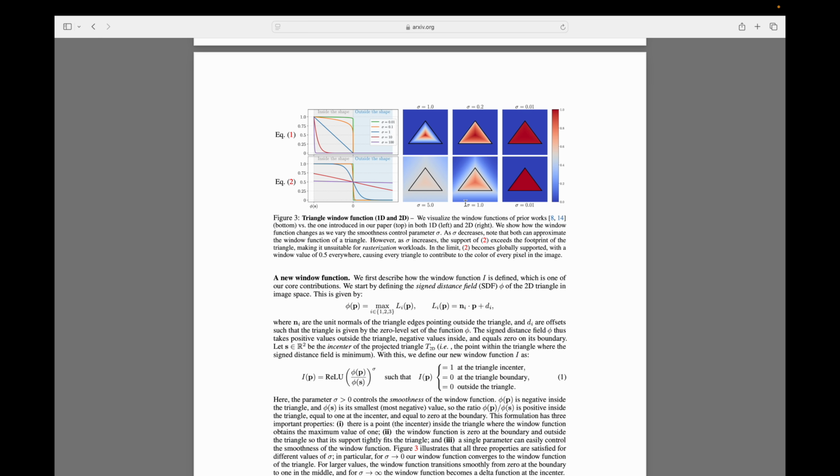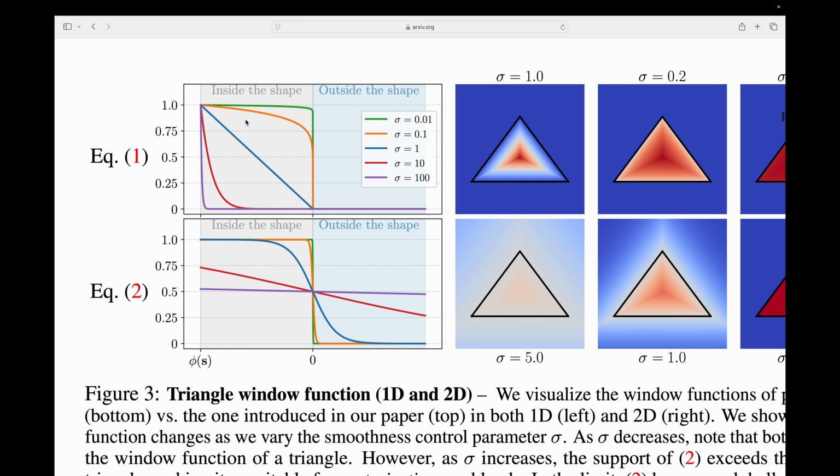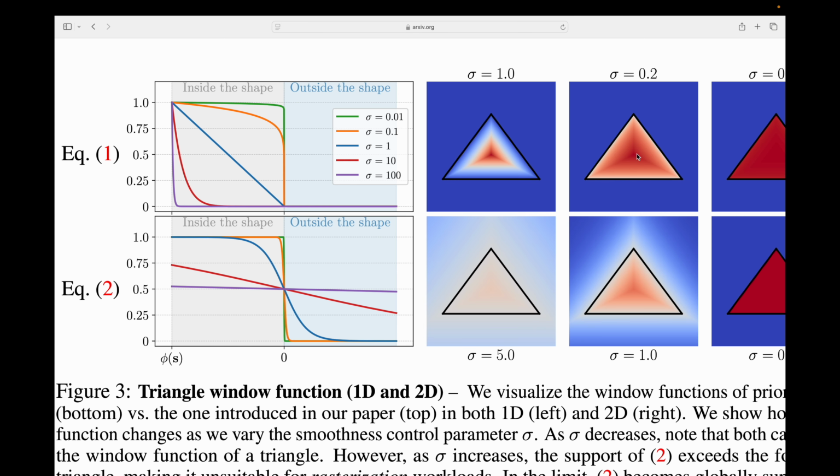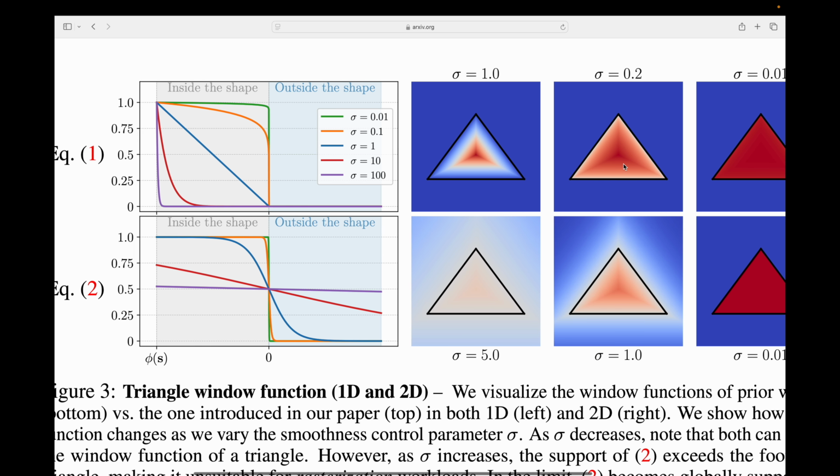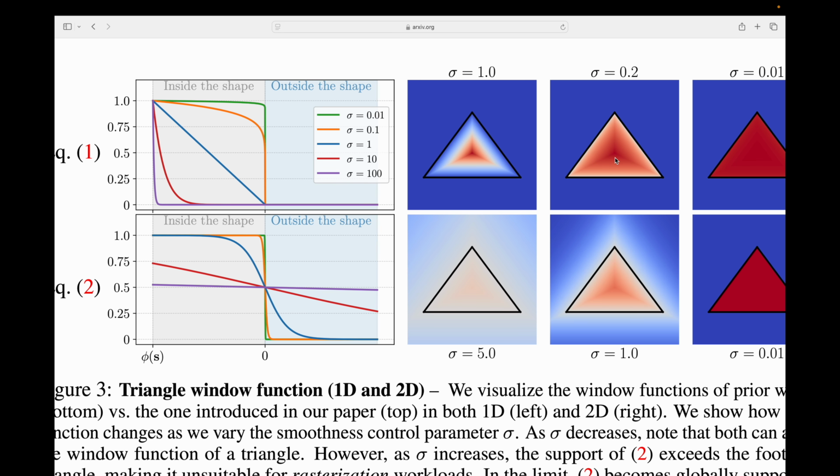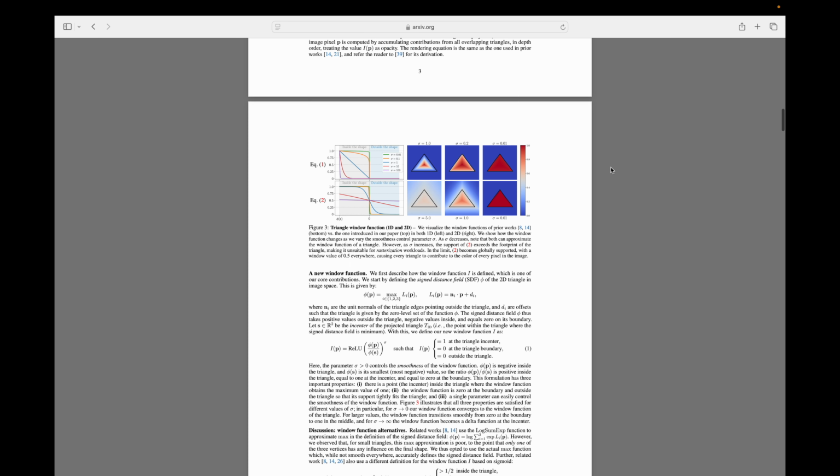If you have big discontinuities in the gradients, like we can see here, for example, with the orange and green functions, that's why it has been really difficult for the last decades to optimize meshes, to optimize triangles. But in this paper, they define this window function that, given a position on a triangle, will give you the opacity based on the location. So there is a smooth function that gives the opacity of the triangle.